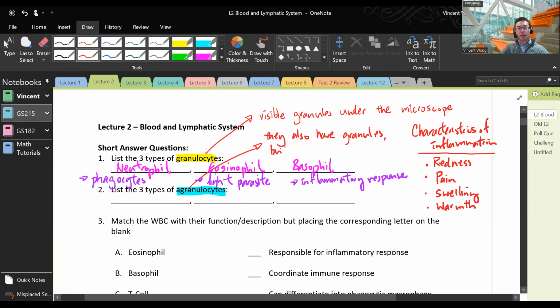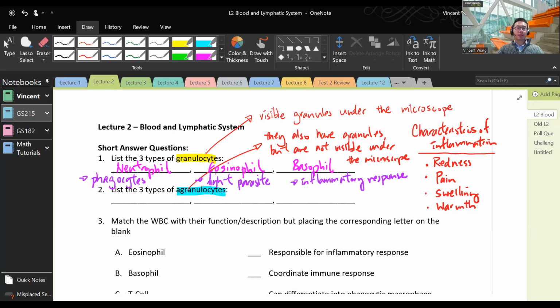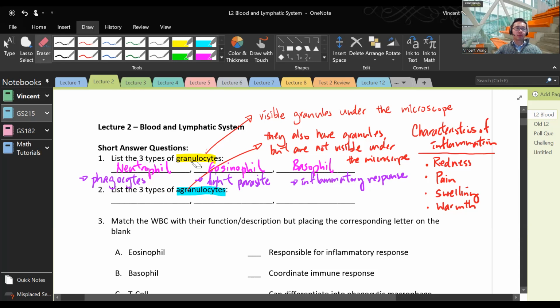They are not visible under the microscope. So it's a morphological distinction between granulocytes and agranulocytes: can you see them or can you not see them?